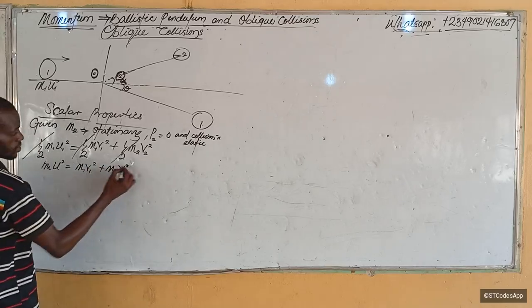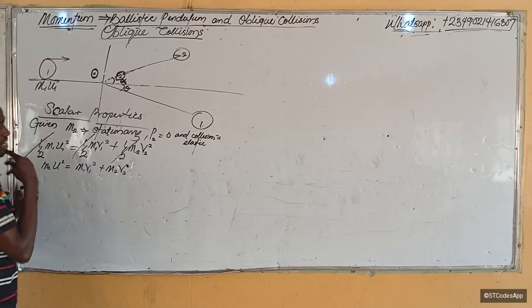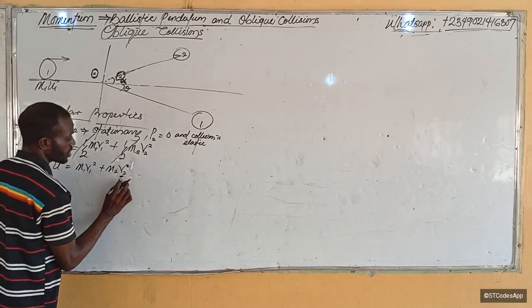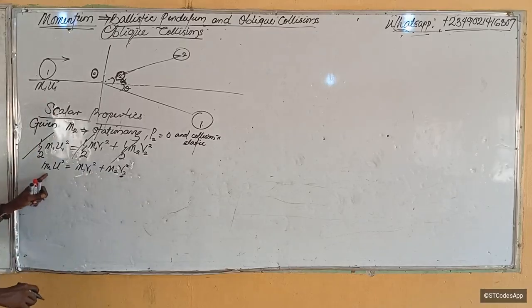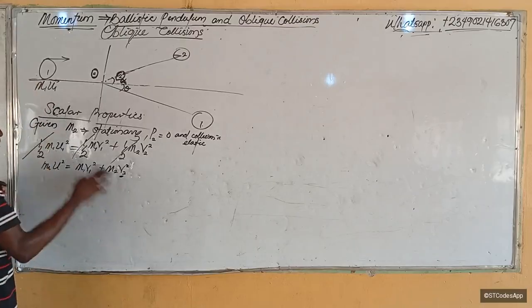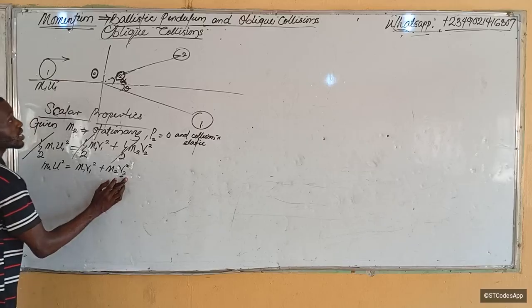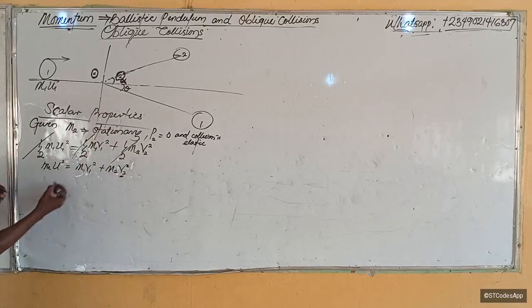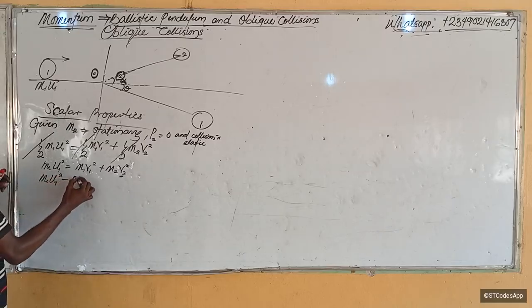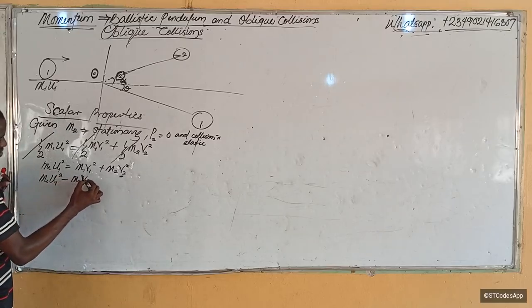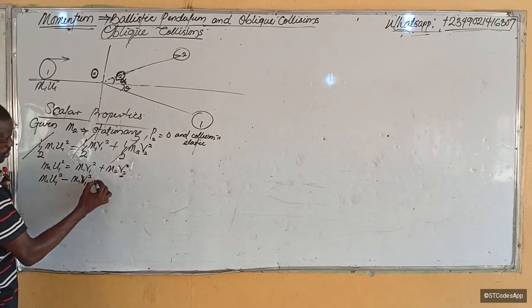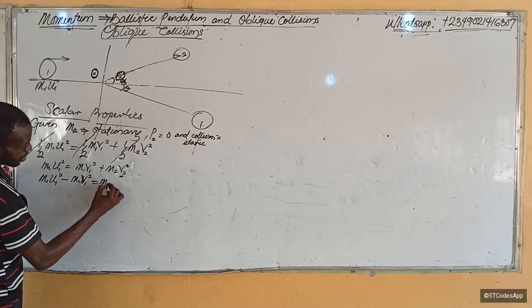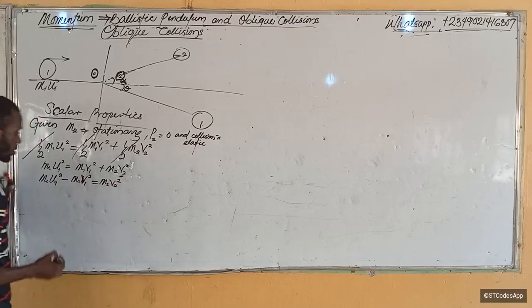So if we decide to find the momentum with which the body that was hit will move, you want to find it. That will become, let's bring this here, m1u1 squared minus m1v1 squared is equal to m2v2 squared.